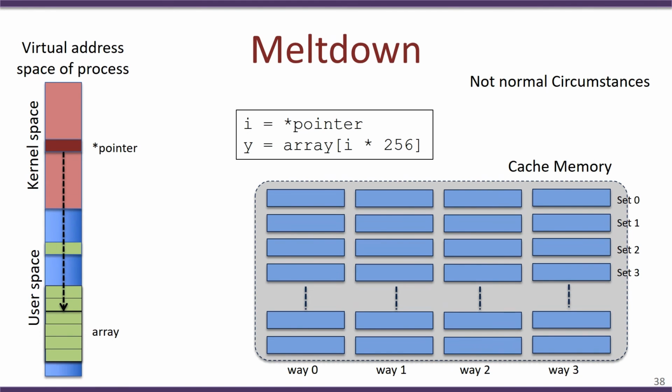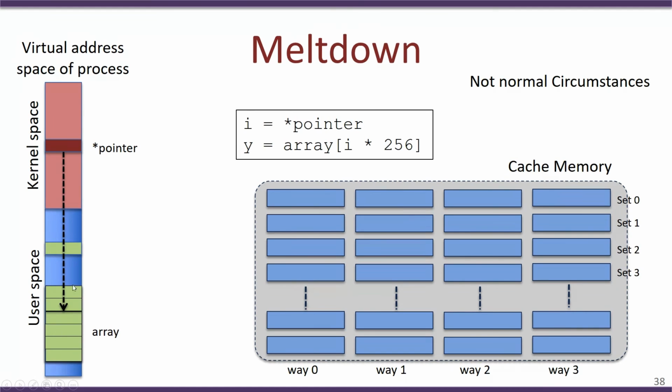However, due to the out of order and speculative execution of the processor, the second statement would be speculatively executed. As a result, we would have this statement reading the value of this memory location into I and speculatively accessing array of I into 256.